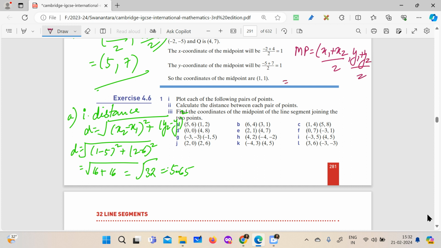So it will be 5 plus 1 over 2 and 6 plus 2 over 2. So you will get 6 upon 2, that is 3, and here you will get 4. Is this clear to you? This is your midpoint. Any doubt in this?